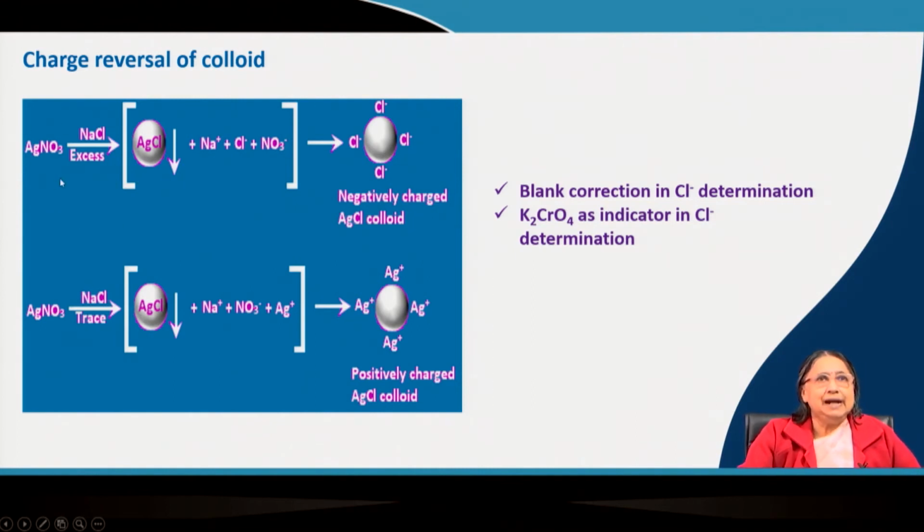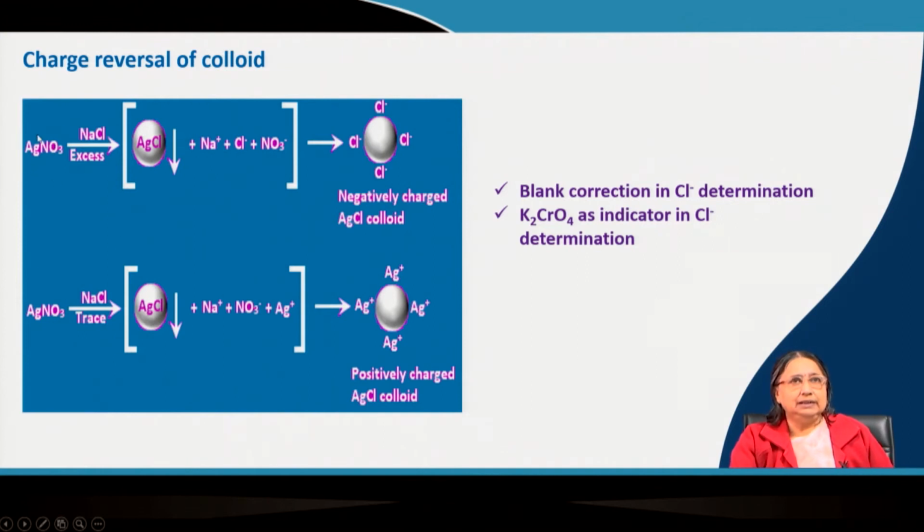You take silver nitrate solution, which is very common, in a test tube and you add excess NaCl to it. When you add excess NaCl, some part of silver plus will form silver chloride as the precipitate, and it is a curdy white precipitate, you all know.